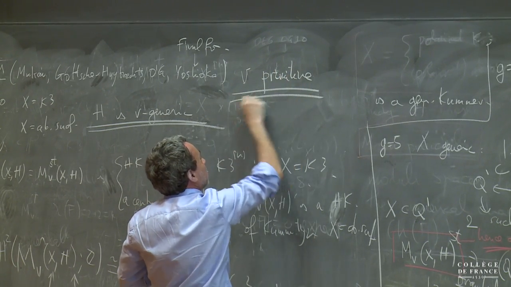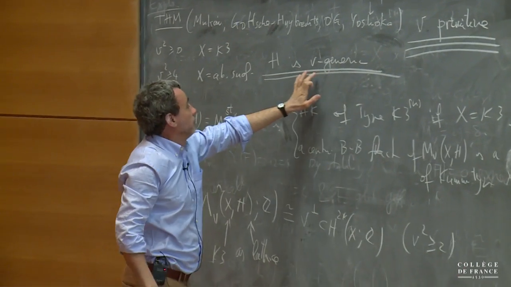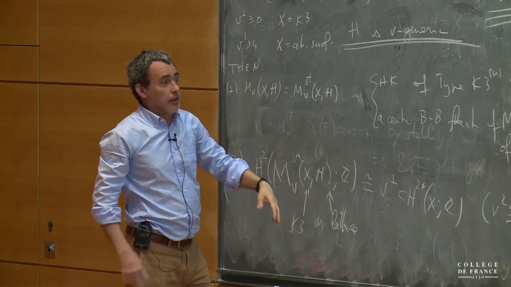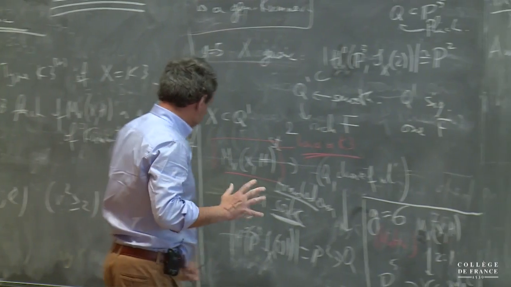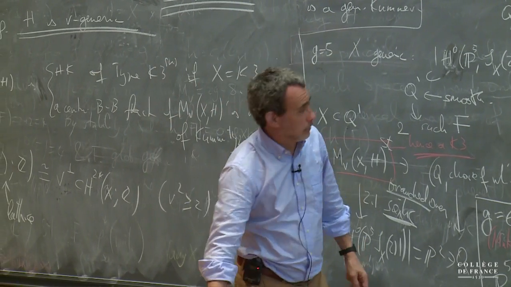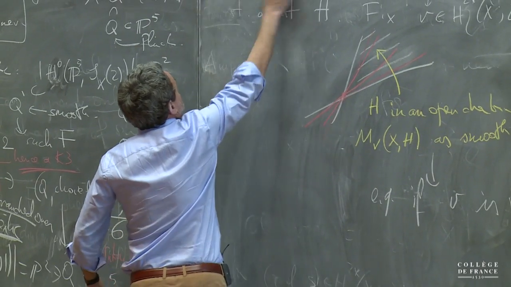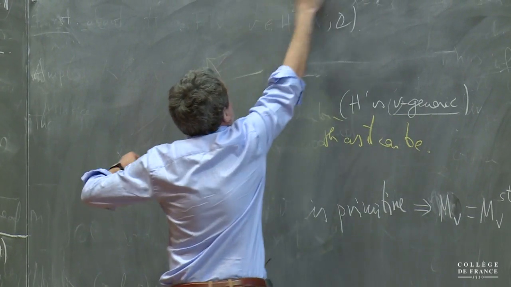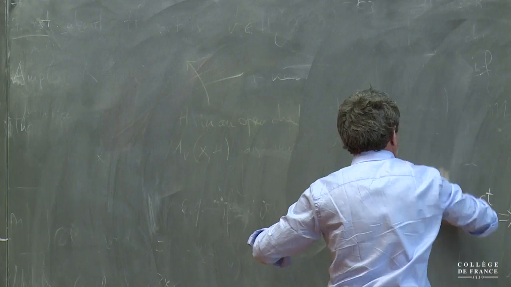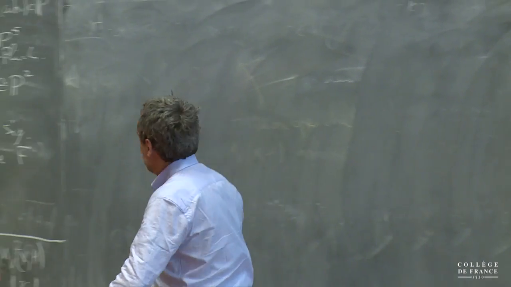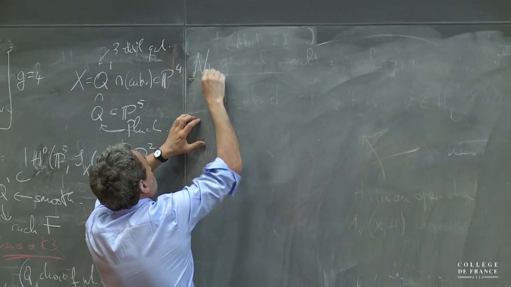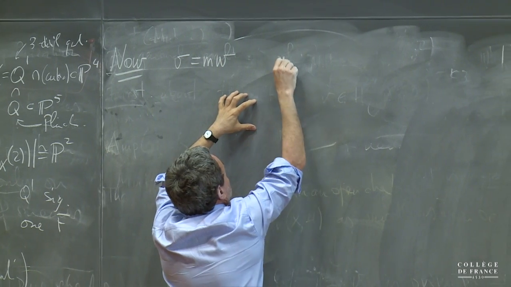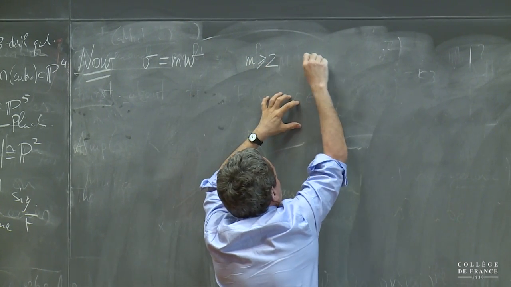So this is the key hypothesis. This V primitive and V generic gives you this equality. Okay, but now what happens? So now if V is divisible, we write V as MW, with W primitive.